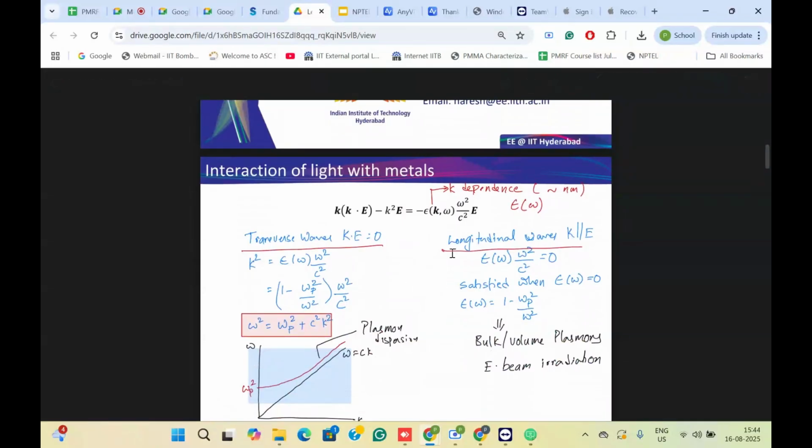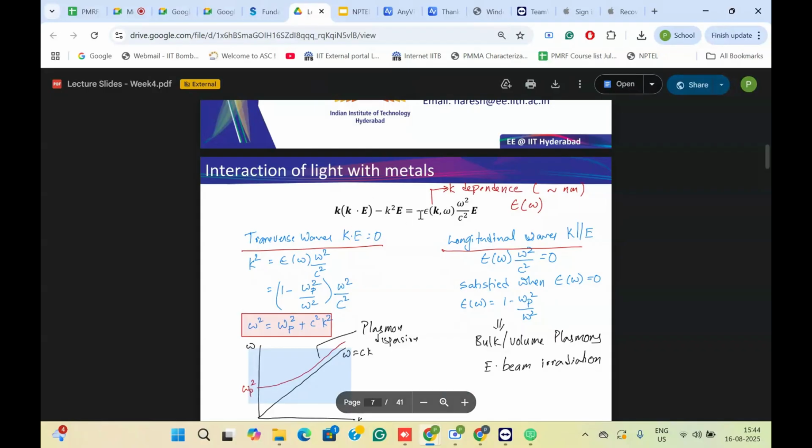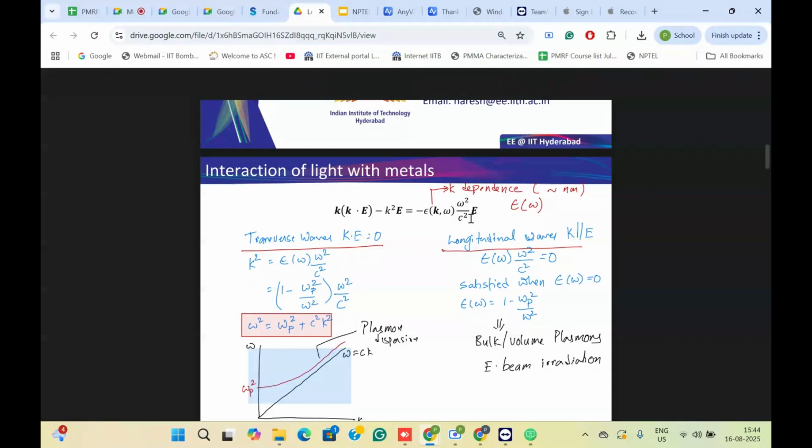In this equation, k dot E minus k square E will be equal to 0, and we will have epsilon omega square by c square equal to 0.